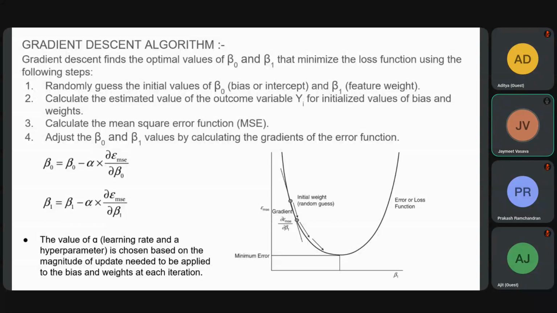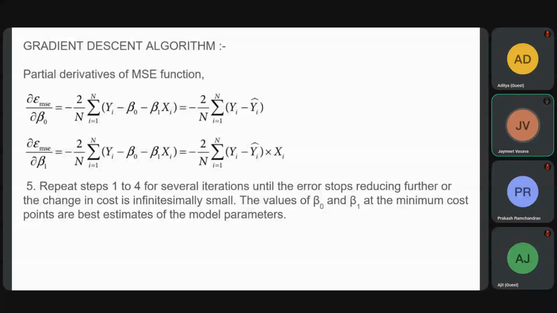So these steps that we started with, randomly initializing the values, calculating the estimated values of y, and then calculating the mean square error and adjusting the values of beta 0 and beta 1, are repeated until we get the error as small as possible.